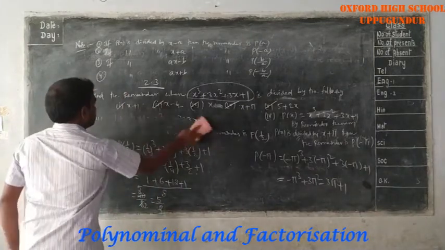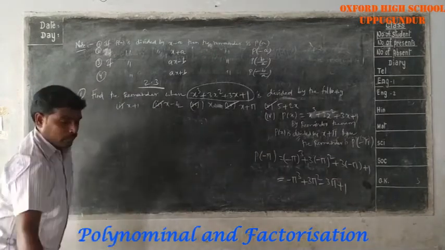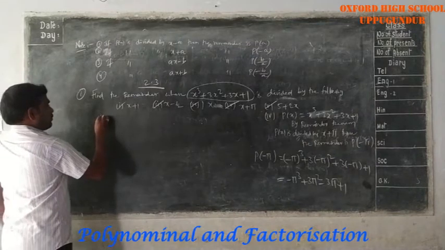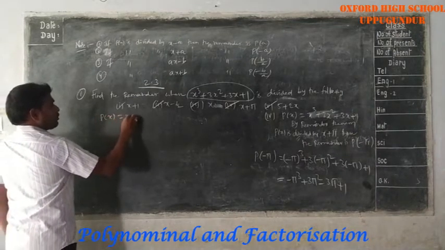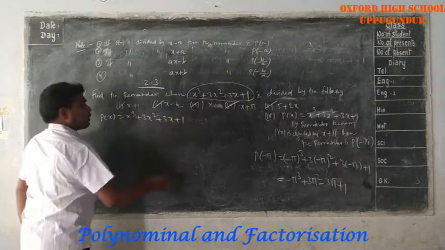5 plus 2x. P of x equal to x cube plus 3x square plus 3x plus 1.